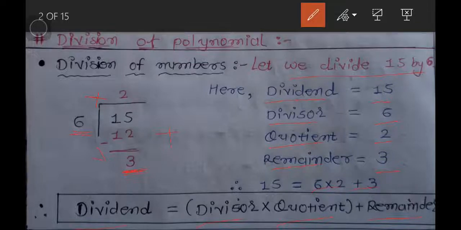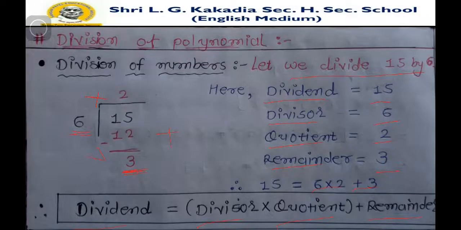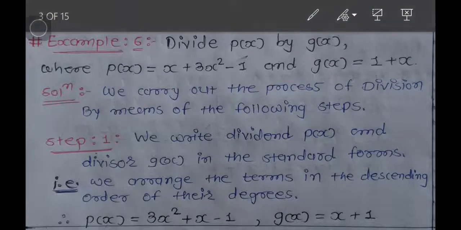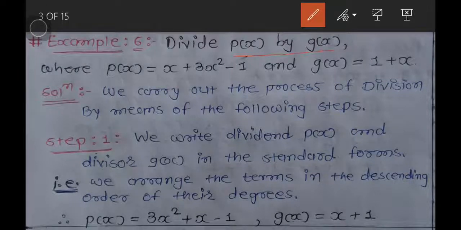Now let us understand how we can use the division rule for polynomials. We understand it step by step. To understand division of polynomials, let us take one example, example number 6, that is divide p of x by g of x. Here p of x is our dividend and g of x is our divisor, and p of x and g of x are polynomials.